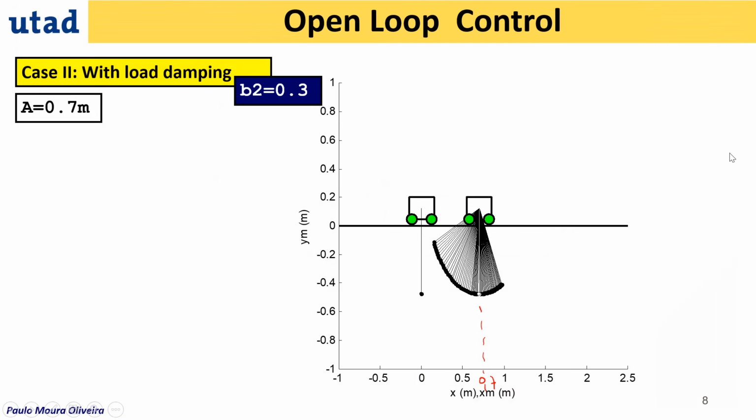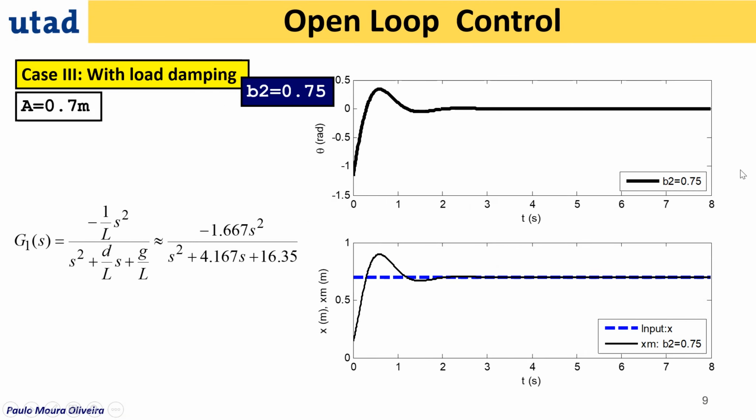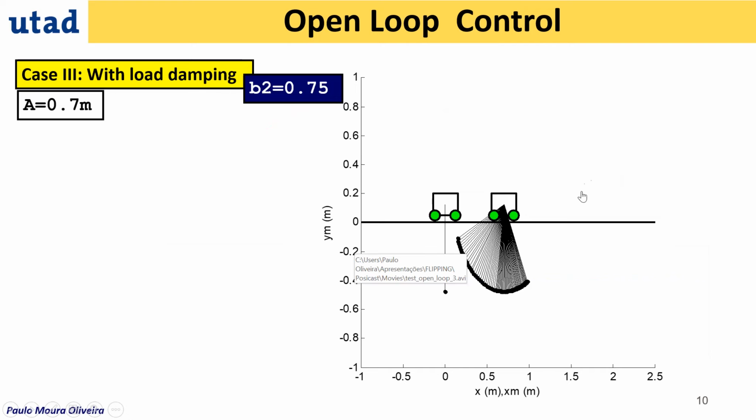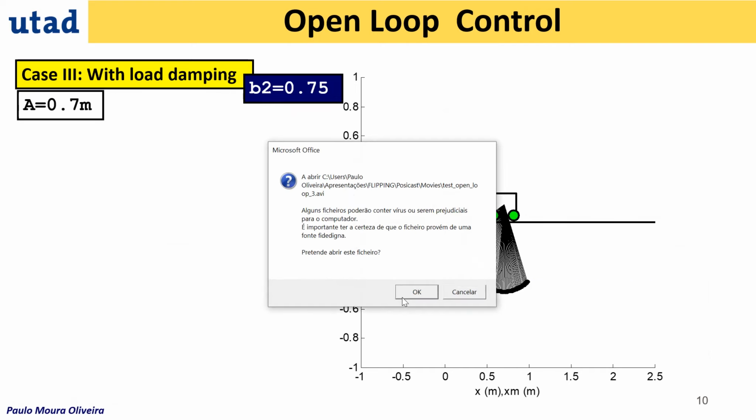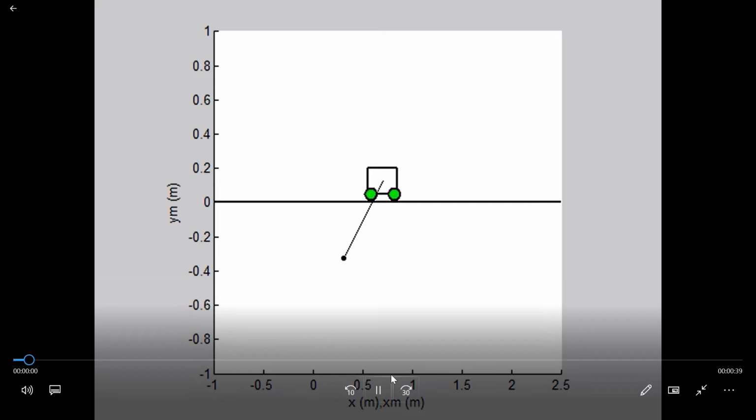Finally, when increasing the damping to this value 0.75, the oscillation is even more damped, and again, a simulation for this movement is this one.